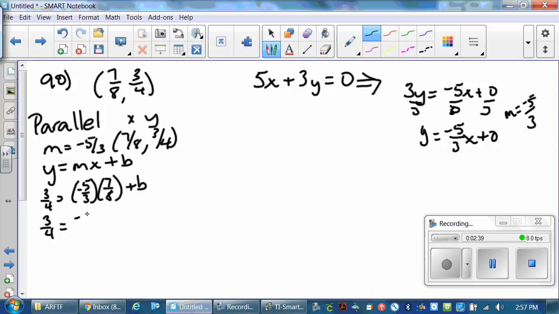So 3/4 equals negative 35/24 plus b. To solve for b, add 35/24 to both sides. So 3/4 plus 35/24.